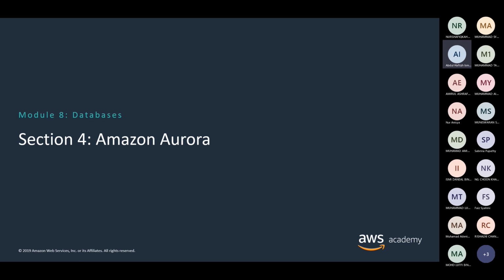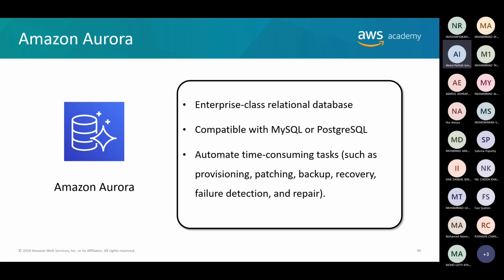And I think this is the last one, Amazon Aurora, a service offered by Amazon AWS as well. So Amazon Aurora is a MySQL and PostgreSQL compatible relational database that is built for the cloud. It combines the performance and availability of high-end commercial databases with the simplicity and cost effectiveness of open source databases.